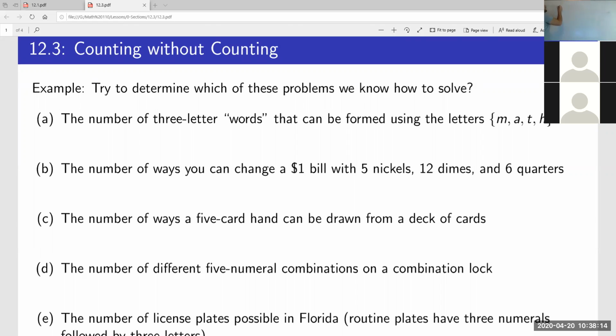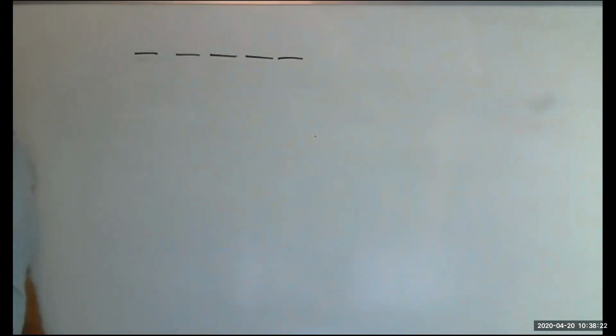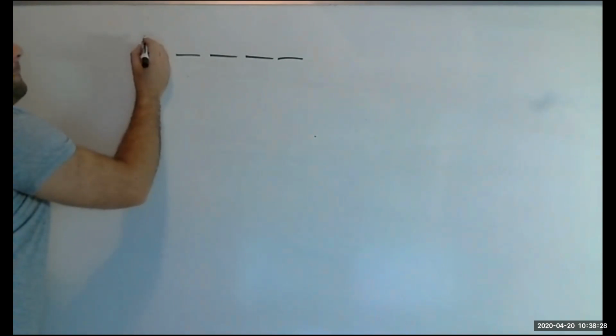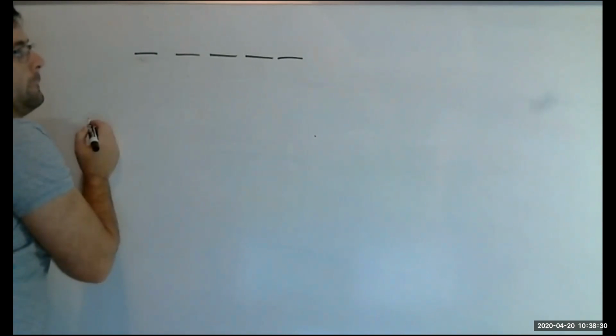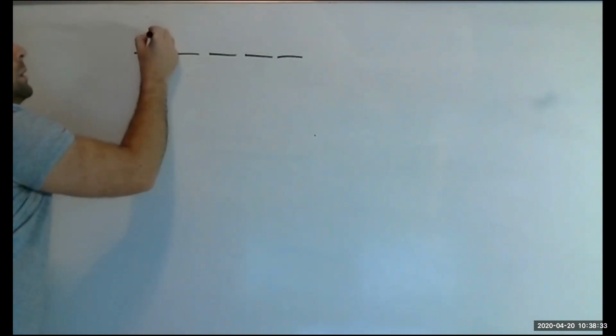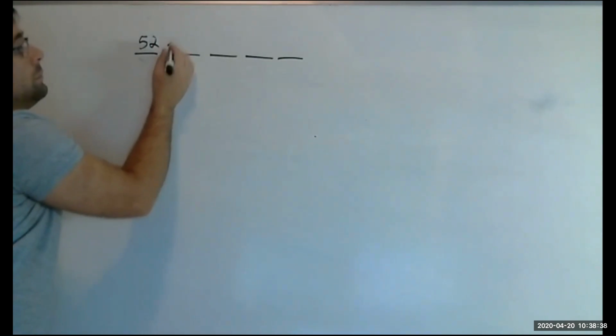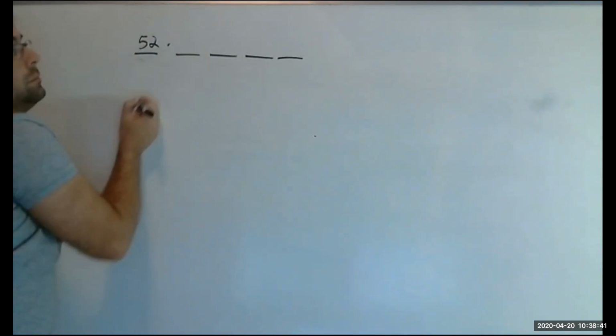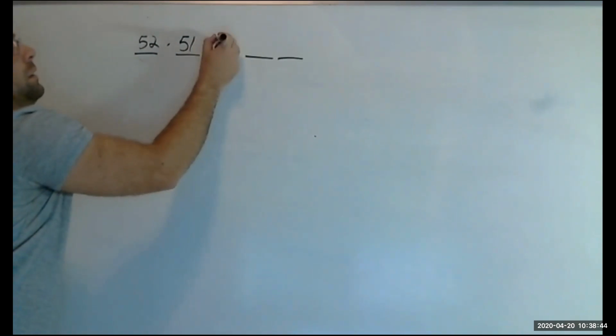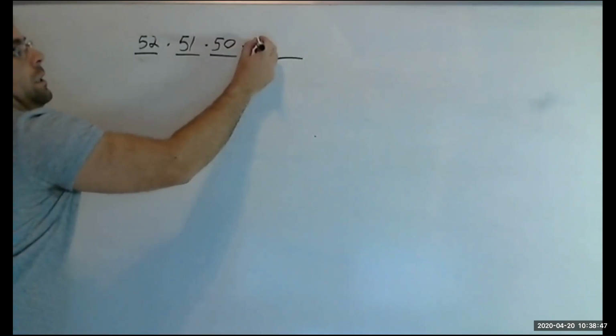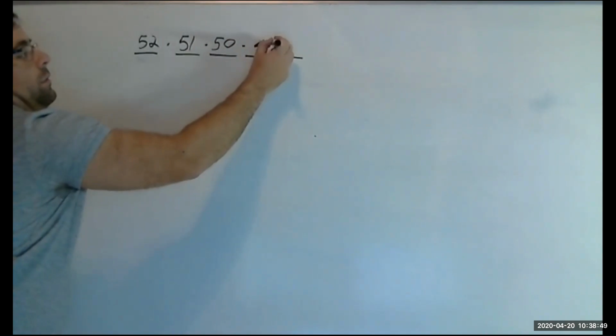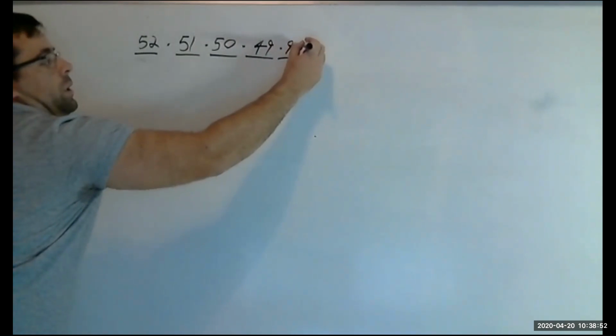So a 5-card hand: 1, 2, 3, 4, 5. How many options do you have for the first card? 52. And then you have how many for the second card? 51. 50. 49. 48.